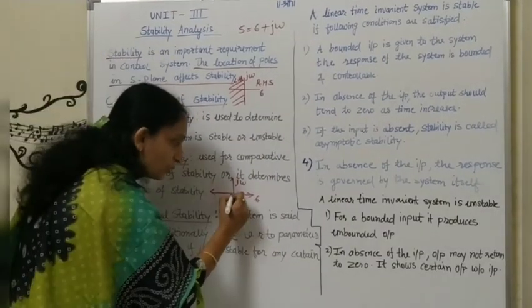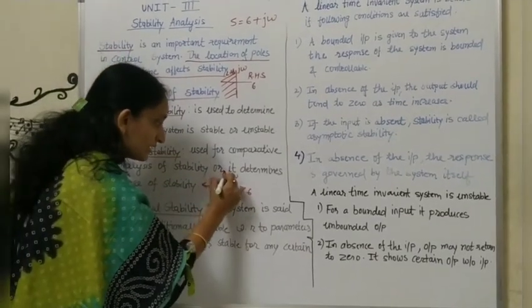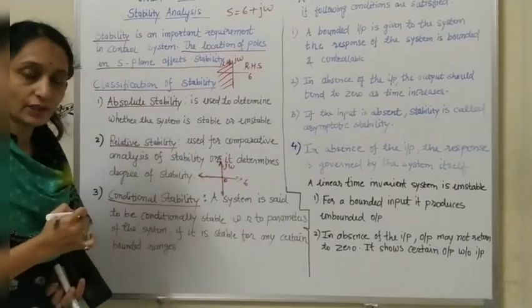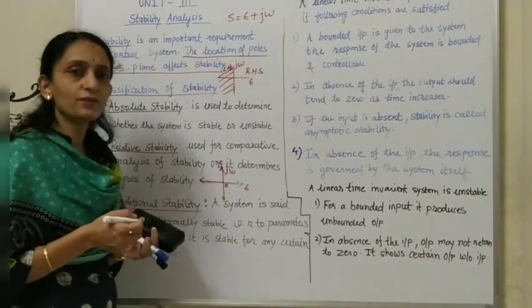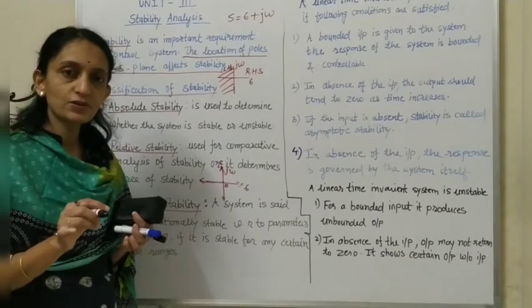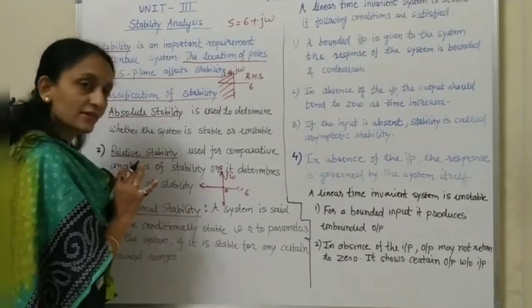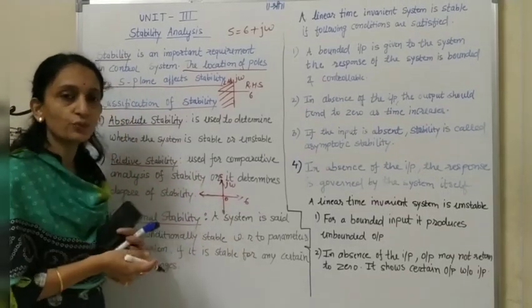This is the origin, and this is the S-plane because S is equal to sigma plus j omega. Let's take an example where the system has a transfer function in which the poles are on left hand side of j omega axis.